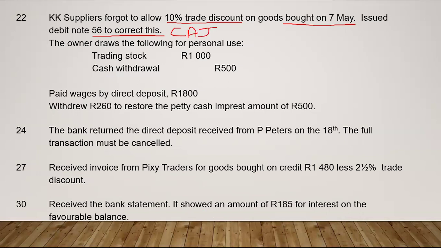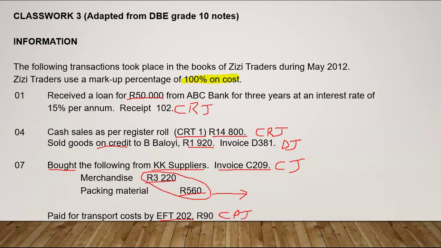But please note, they say this discount was on goods, not packing material, but on goods. Let's see how much it cost us to buy those goods. It cost us 3,220. So it'll be calculated on this value only because it was on goods.